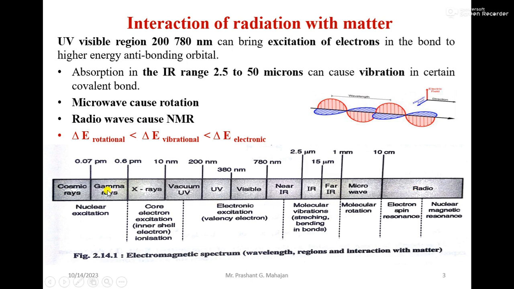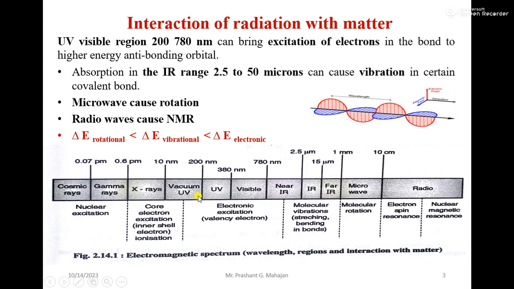When cosmic rays and gamma rays fall on the matter, they excite the nucleus. When X-rays fall on the matter, core electron excitation takes place.